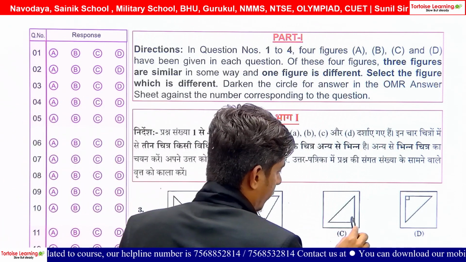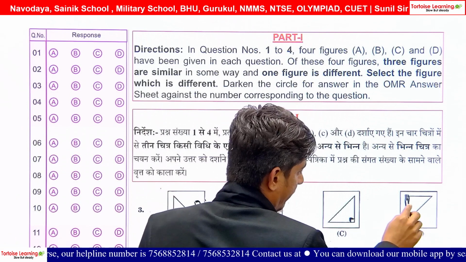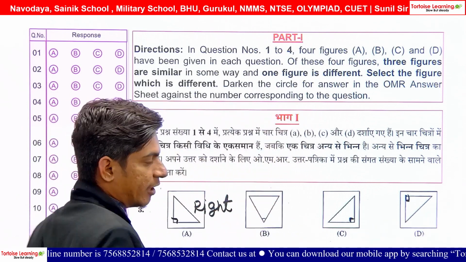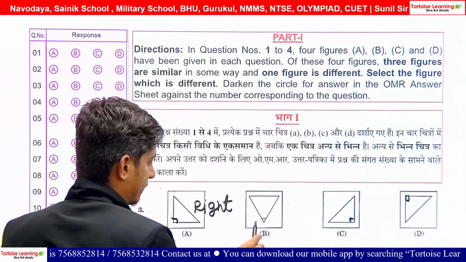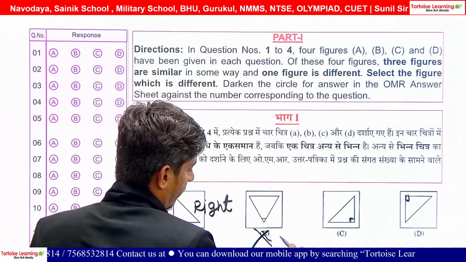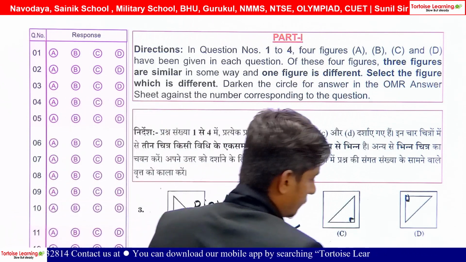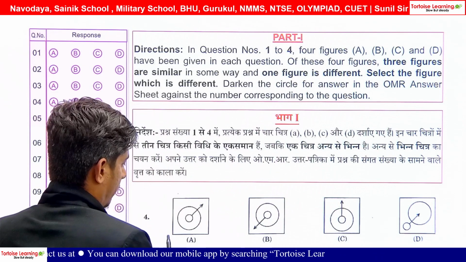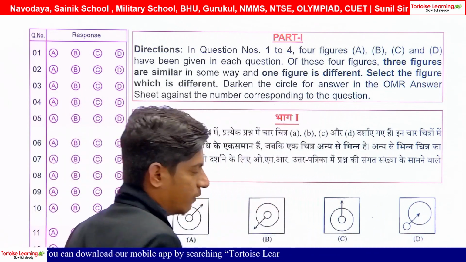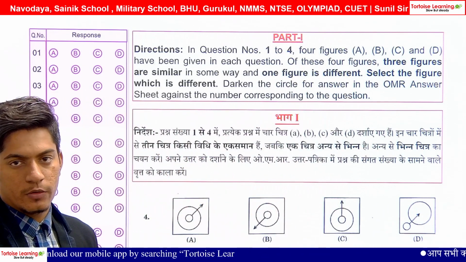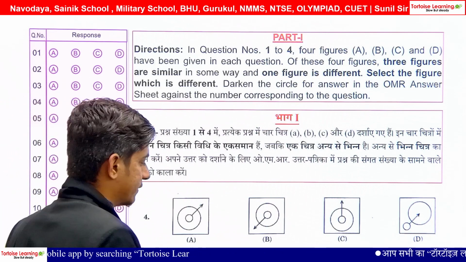This is also an angle of 90 degrees. This is also an angle of 90 degrees. But this is not a right angle triangle. This is a triangle, but not a right one. So this is the different one.